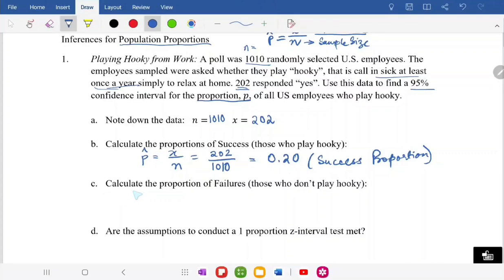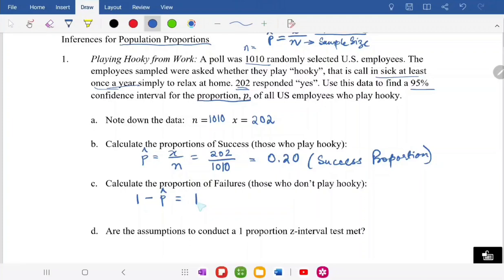Then part C says calculate the proportion of failures. That means the proportion that did not meet the specified criteria, in other words, the people who responded they did not play hooky. That can be found by the formula 1 minus p hat.